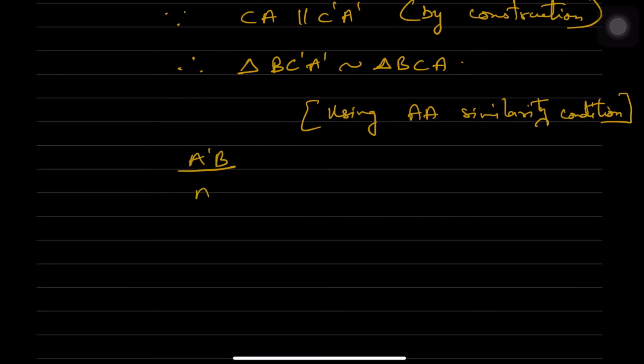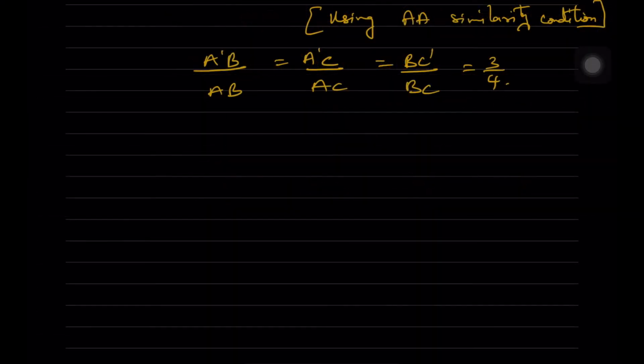Therefore we have A dash B by AB is equal to A dash C dash by AC is equal to BC dash by BC, which is equal to 3 by 4. And this is from 1 by basic proportionality theorem.